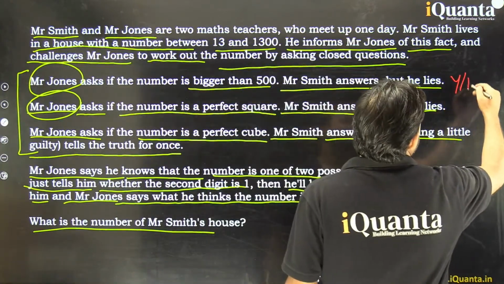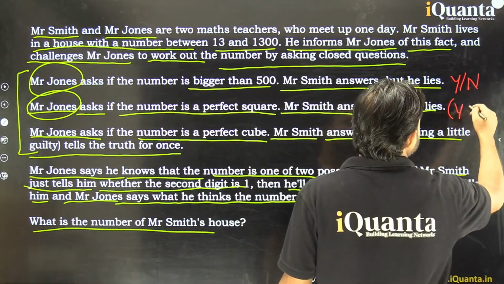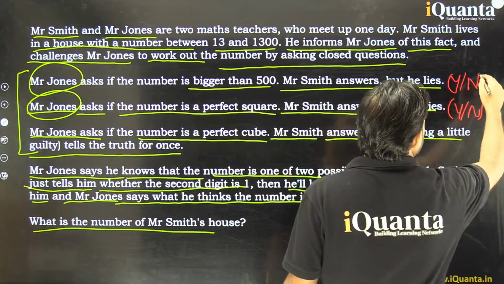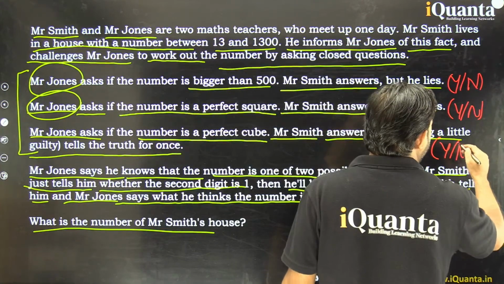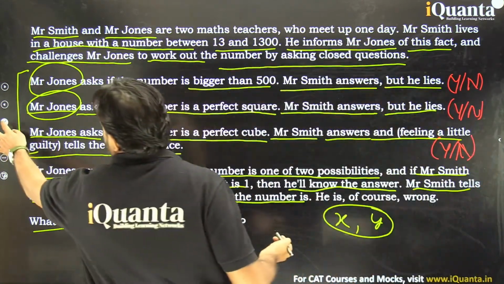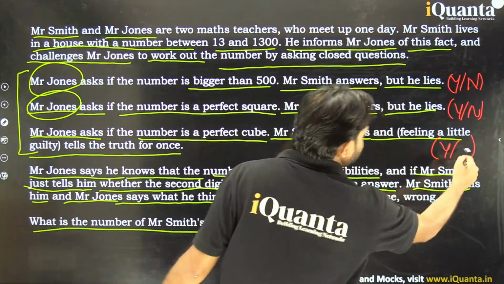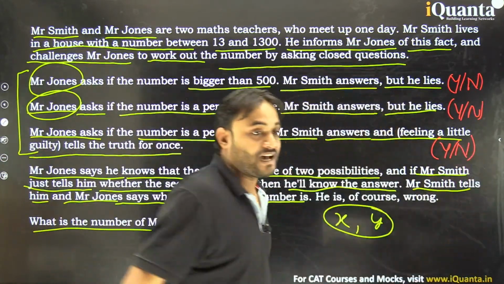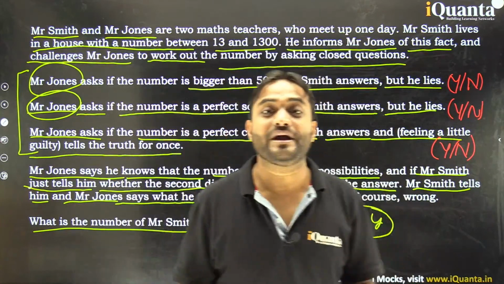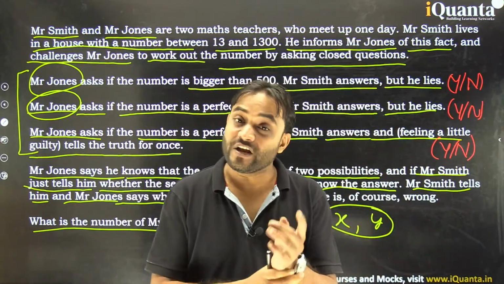He could have answered yes or no. In this case, he could have answered yes or no. In this case, he could have answered yes or no. So tell me, how many different cases do we need to take? If you are following this class, tell me how many different cases we need to consider.